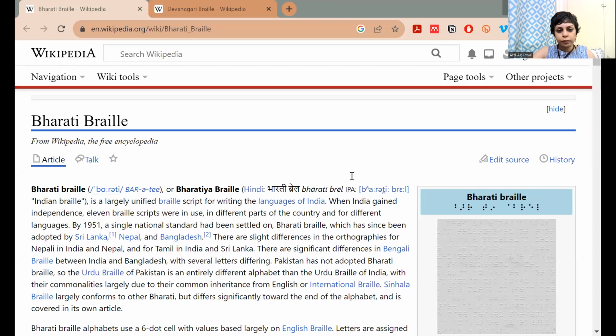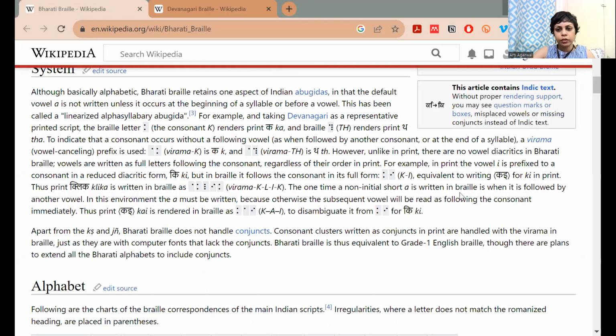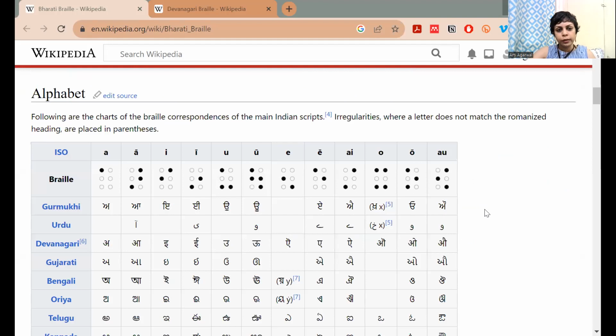Okay, so now this is the Bharati Braille which I'm sharing about. You can just look it up on Wikipedia if you want. So basically, a lot of the Indian languages have very similar sounds and similar vowels, similar kinds of words.